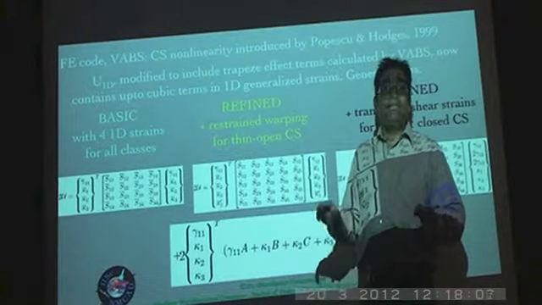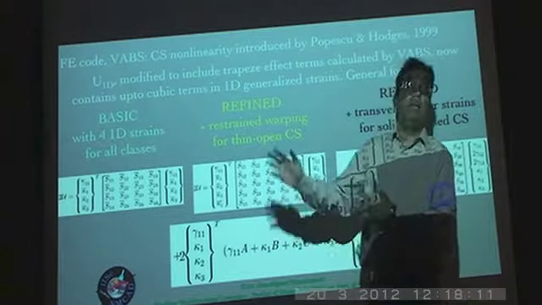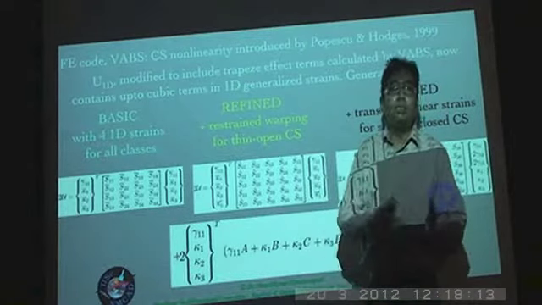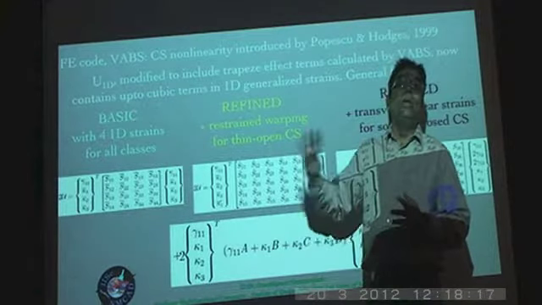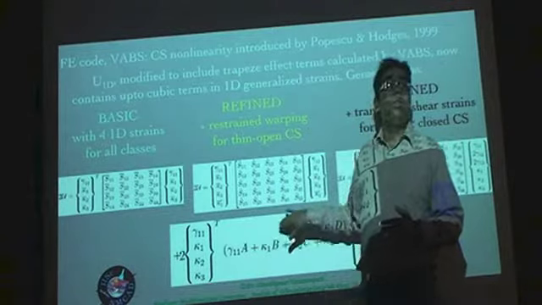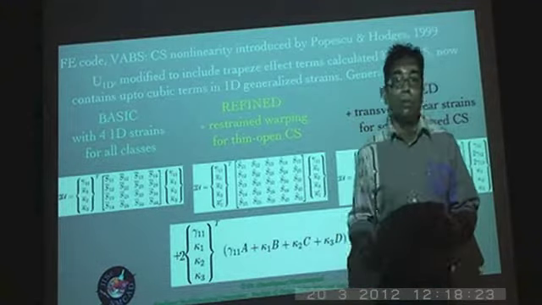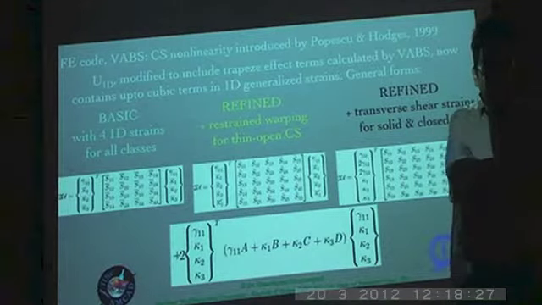So just for our convenience of nomenclature, we just say trapeze-like effects. But basically what it means is nonlinear effects. But strictly speaking, trapeze effect should be restricted to extension twist coupling, which is basically contained in your A12 and B12. Like thin open cross section, we include the trapeze effects.